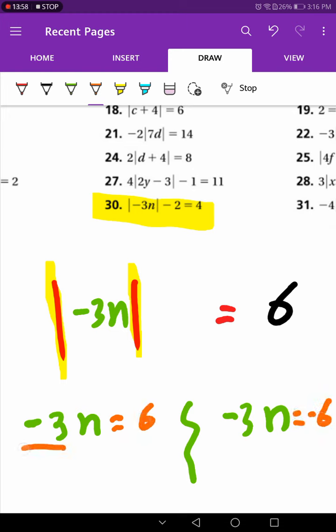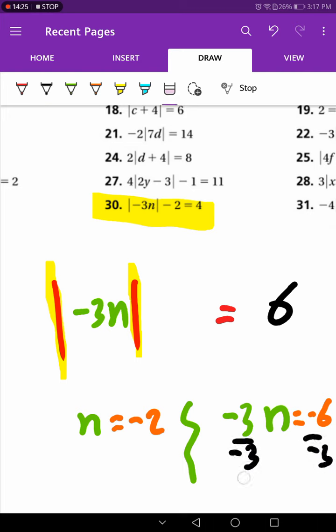So here divide by -3, divide by -3. This will be eliminated. Then equals 6 divided by -3. Actually, it is negative something. 6 divided by 3 equals 2, and don't miss the negative. And also here divide by -3, divide by -3.